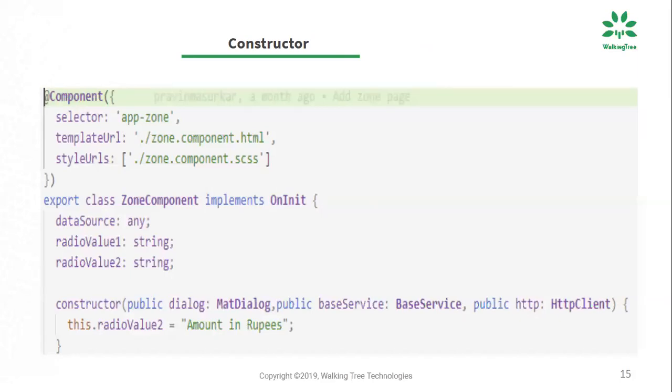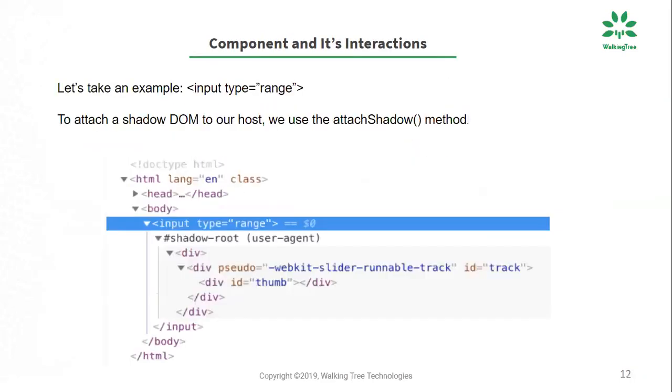Template URL means the list of elements we need to make that UI look like that, and what are the styles. The same concept is behind the shadow DOM. We have a template and the styles for styling that template, and we are just using the input as a selector.